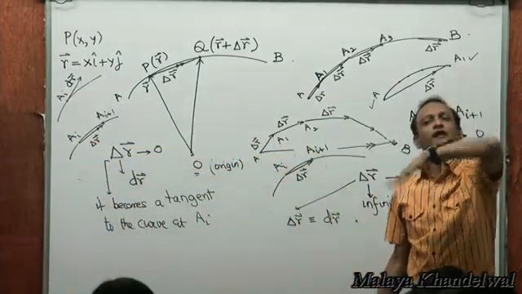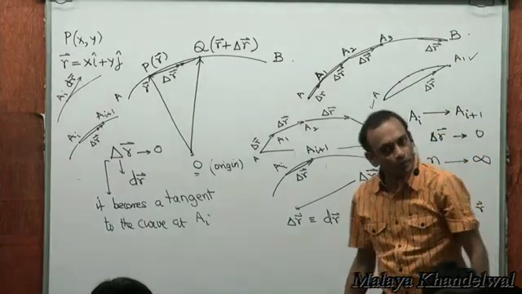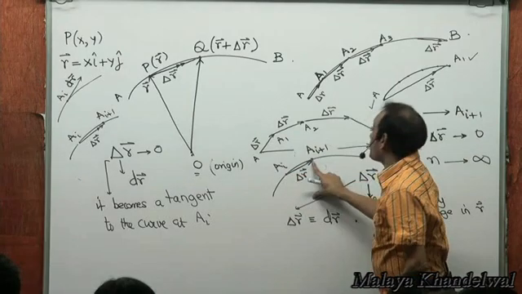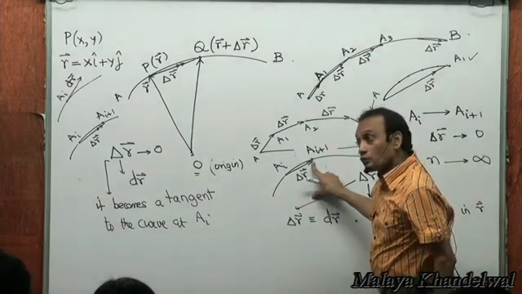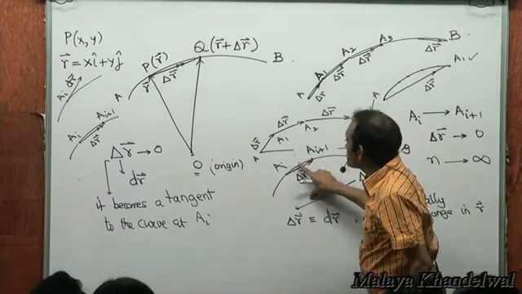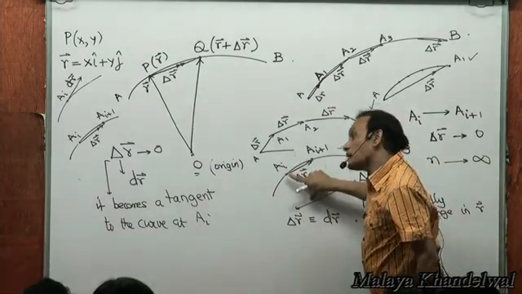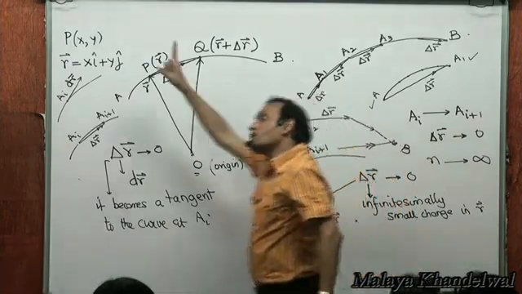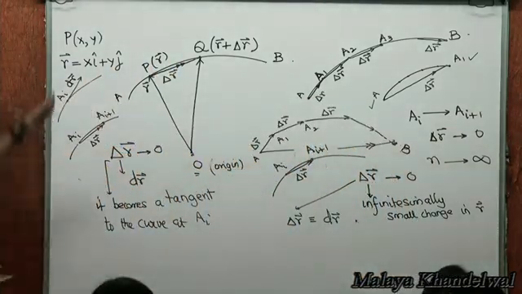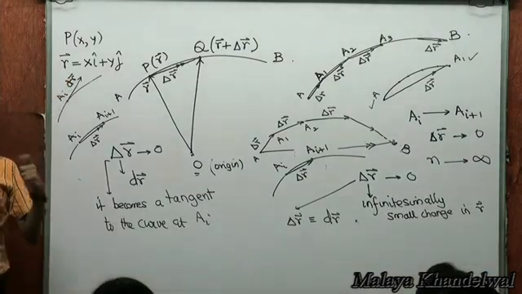Every dr will be a tangent to the curve at the corresponding point. Delta r takes me from this point to this point, and as delta r becomes smaller and smaller, it becomes dr. Where does dr take me? Mathematically, this dr is supposed to take me from ai to its neighboring point.